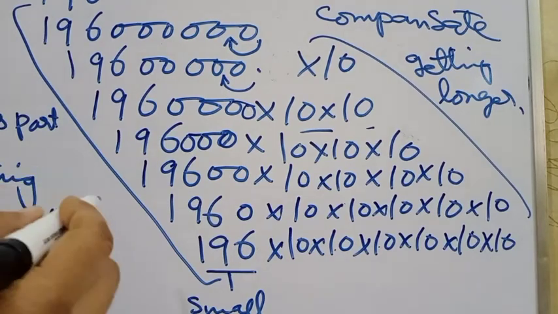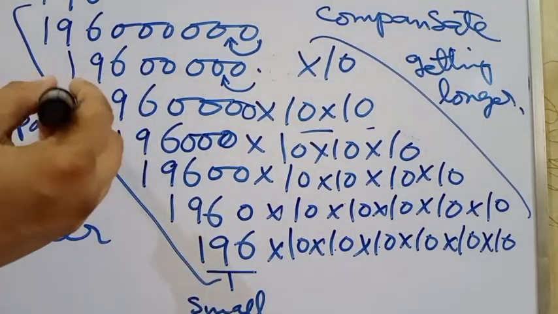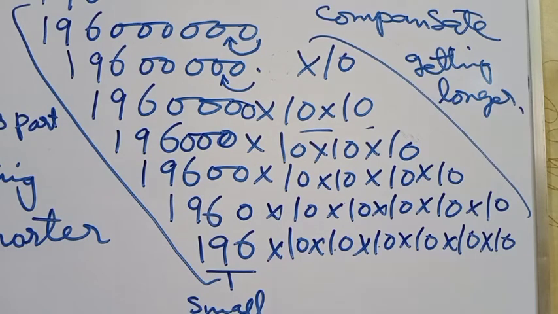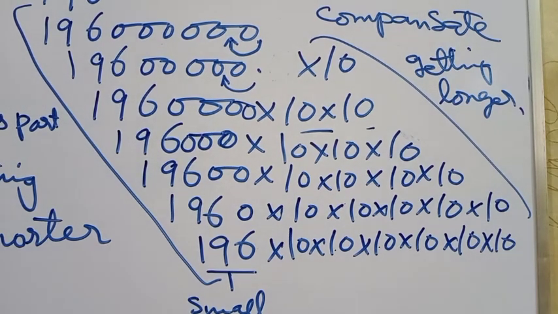This is a big problem: if we shorten this side, then the other side becomes longer and very difficult to write. This problem can be fixed by the exponent.